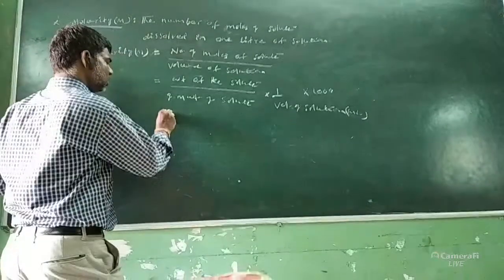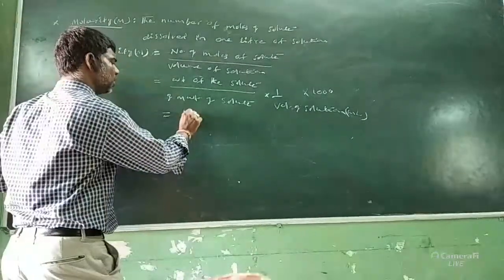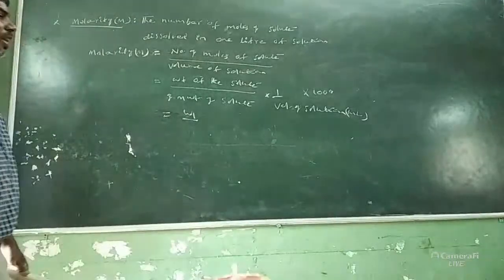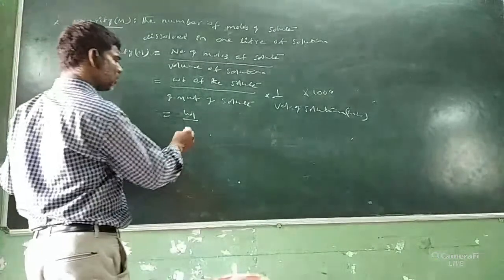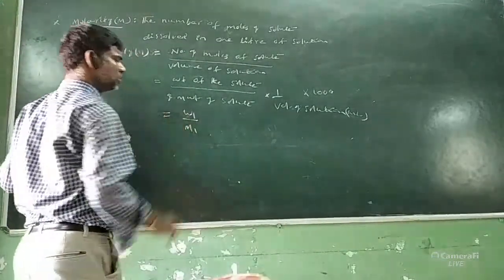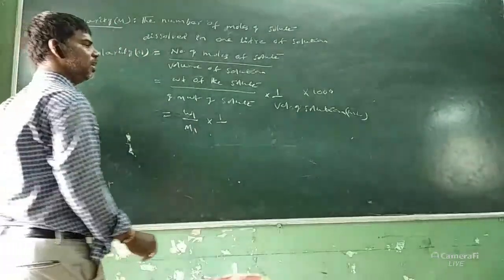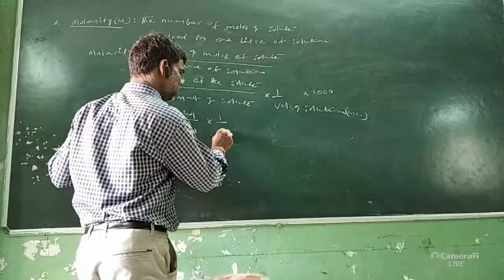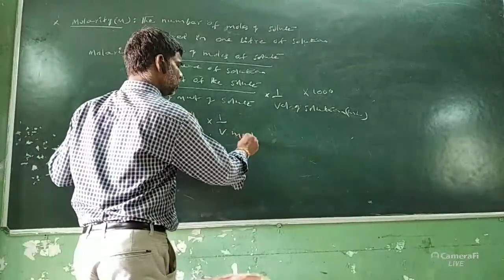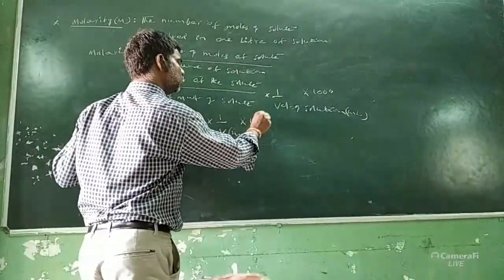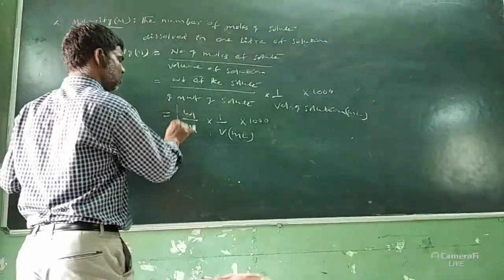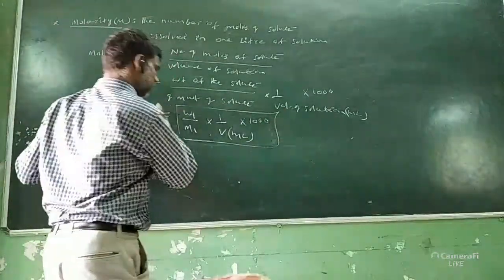We know the weight of solute is taken as W1, and the gram molecular weight of solute is taken as M1. So it is W1 by M1 into 1 by the volume of solution, taken as V. If it is in ml, that should be into 1000. This is the formula for the molarity.